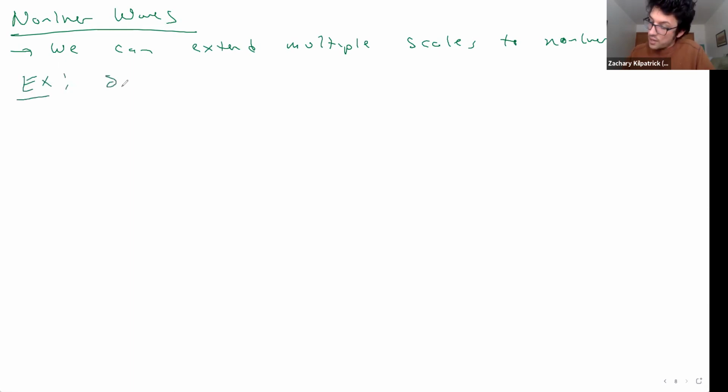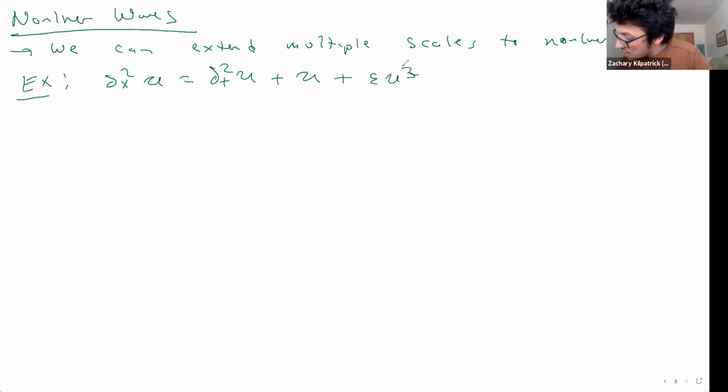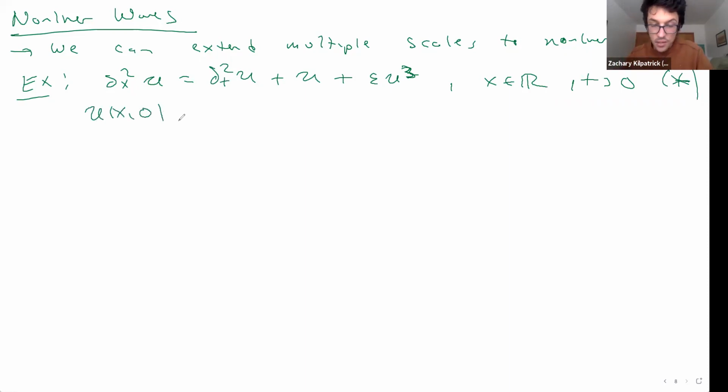And we're going to focus on one example in this case. It's going to start off looking a lot like the linear wave equation, but we will introduce a cubic term. And we'll call this equation star. It has some initial condition.